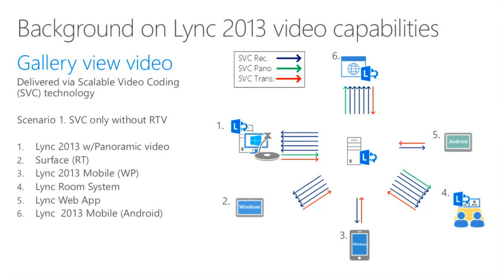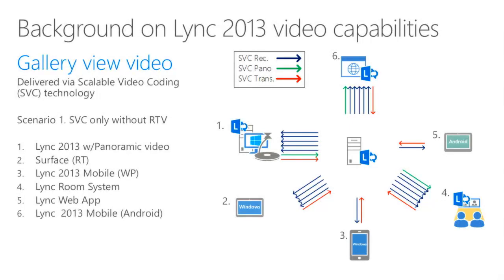Just to point out some other things that are going on here. We've got various clients. On client number 1, we've got a Windows client running a panoramic video device. That device is receiving the 5 streams of video, and it's sending 2 streams: one, the panoramic strip, and the other being the active speaker. Some of those clients, as you can see, aren't receiving the panoramic video.